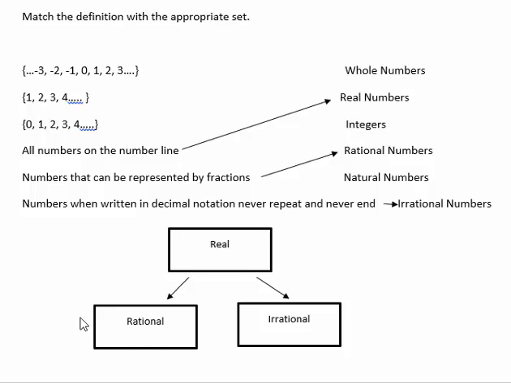So we look at a diagram of this. We have the real numbers, that's all numbers. And the real numbers are split into two distinct sets. Rational numbers, which are numbers that can be written as fractions, and irrational numbers, which are numbers that cannot be written as fractions.